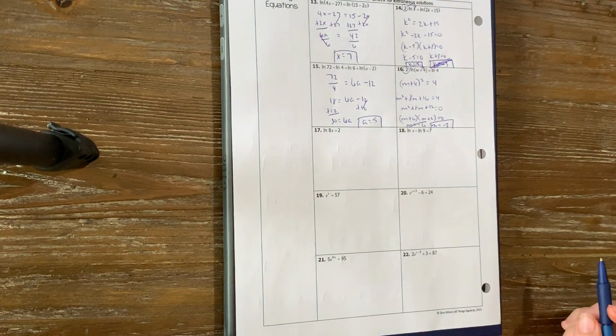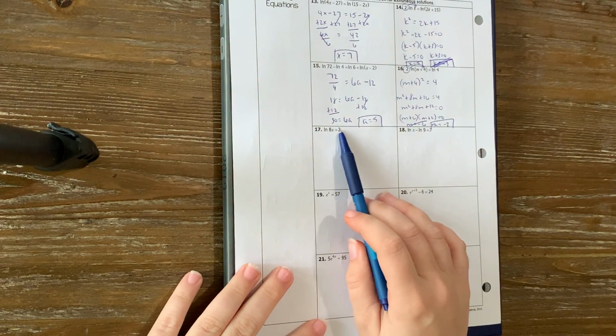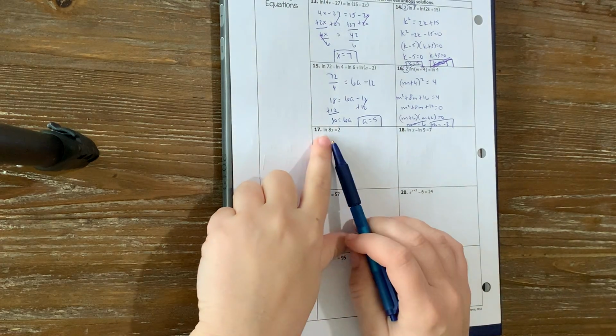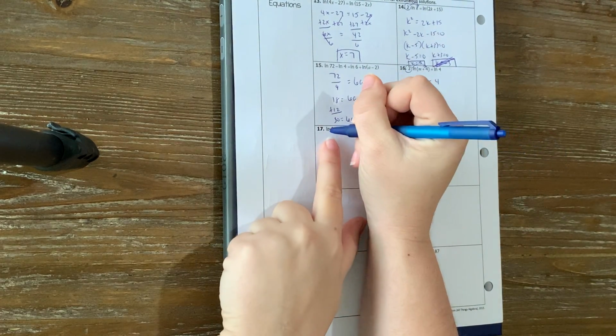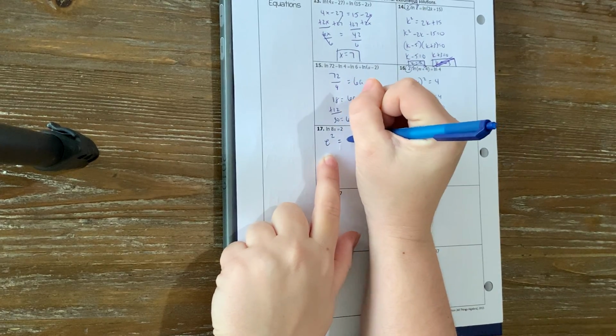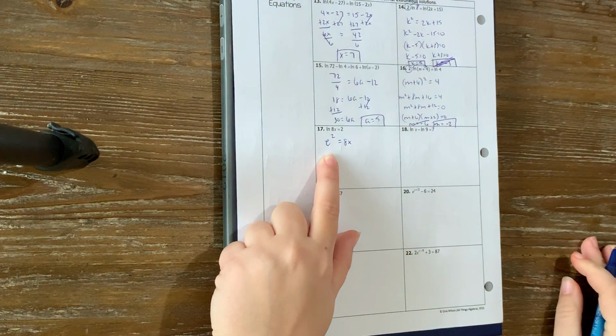On 17, because we don't have natural log on this side, we have to actually turn this into an exponential format. So this becomes e to the power of 2 equals 8x.